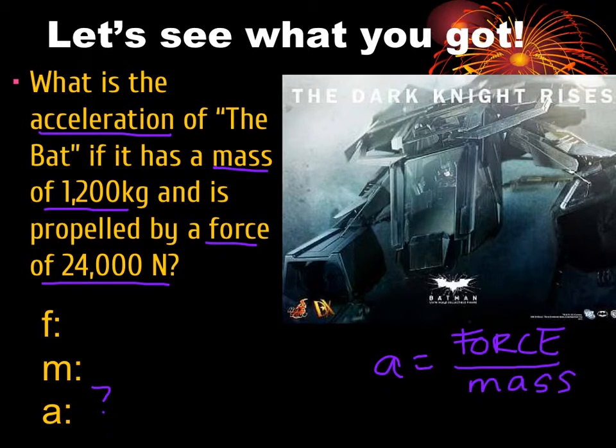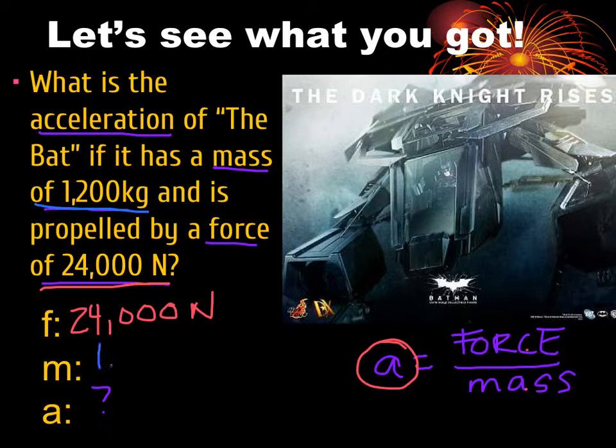Okay, so I need to then solve for both force and mass from my word problem in order for me to calculate what is acceleration. So I have the force here in the word problem as 24,000, really big force. Of course, I want to include my units all the time. My mass then here is 1,200 kilograms. And again, I'm still trying to figure out my acceleration. So now I can just plug those in, right?